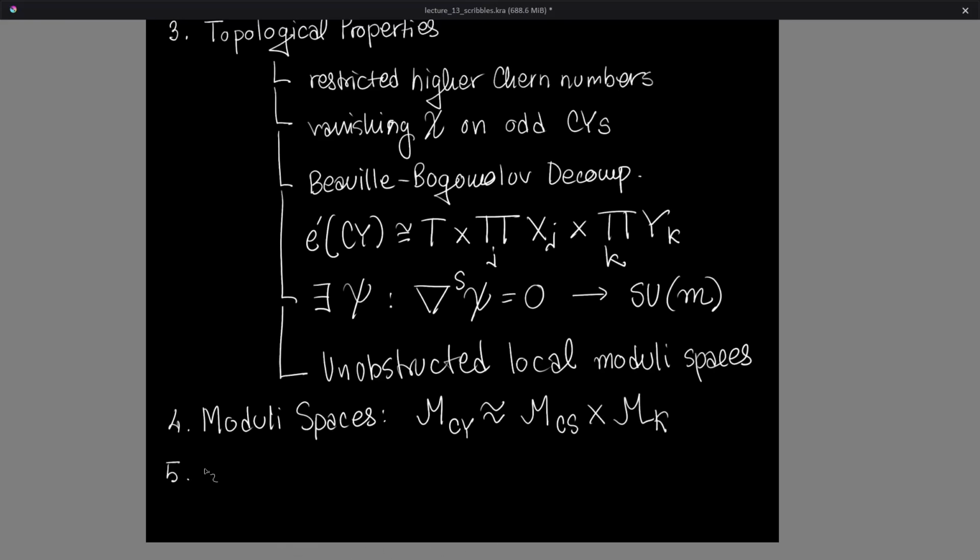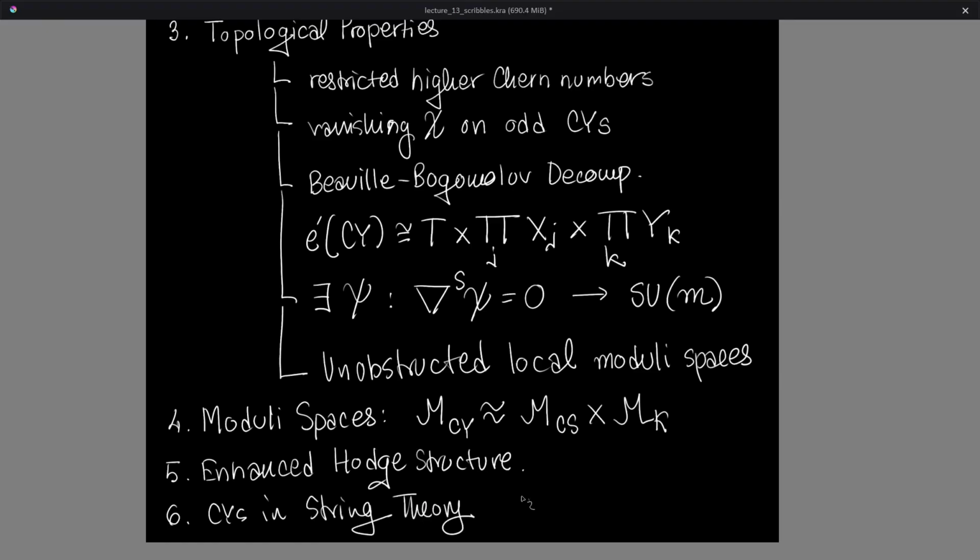Number 5, we looked at the enhanced Hodge structure, and specifically the Hodge diamond for a Calabi-Yau threefold. Then we discussed Calabi-Yaus in string theory, and lastly, we talked about Calabi-Yaus in pure math. And that should do it for today. That was everything that we covered in today's lecture.